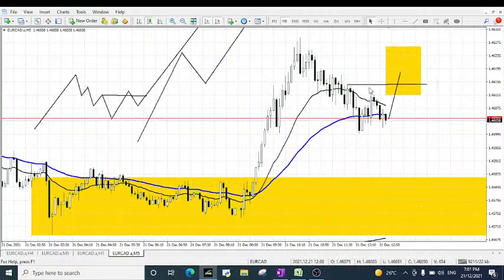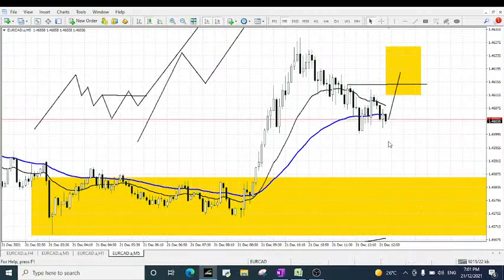Why not this high? I mean, this is a high, but it's not this high because this high hasn't made a new low. So it's like making a new low, smaller high, lower low, smaller high. This smaller high made a lower low, so that has to be taken out.